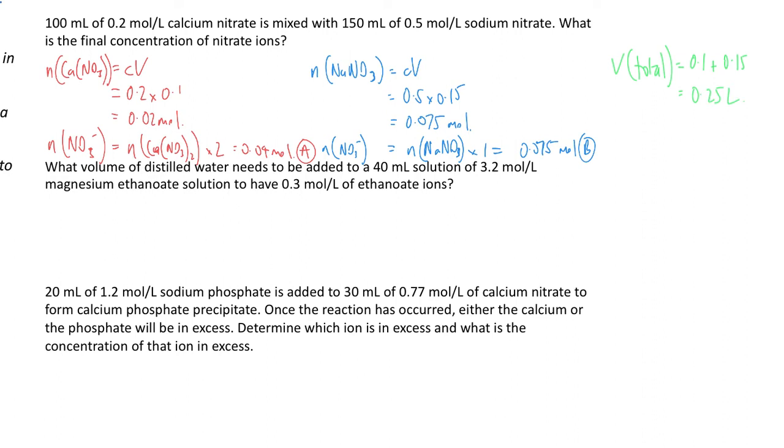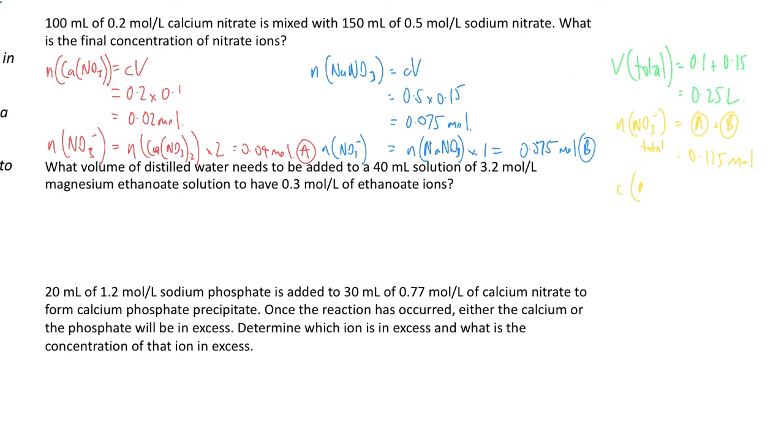And so therefore I can say that the number of moles of NO3- total will be equal to A plus B, which will be equal to 0.115 moles.